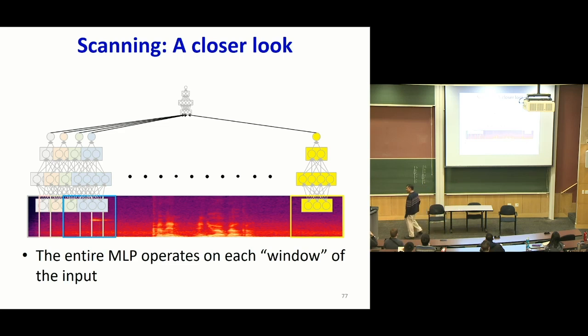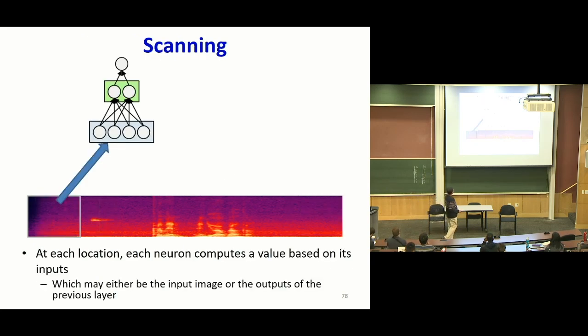Now, I'm going to scan this whole thing. Let's just look at this slightly differently, right? The entire MLP over here operates on the input one window at a time. The subnet is going to compute an output at this location first.